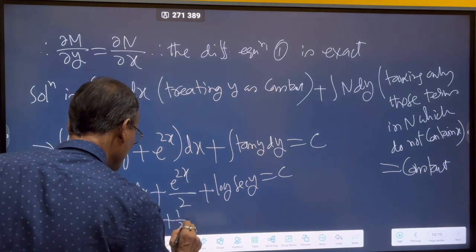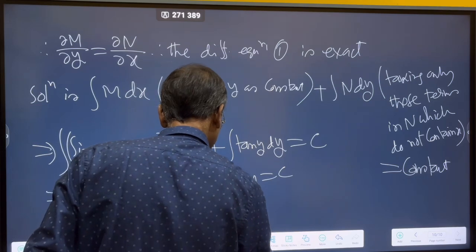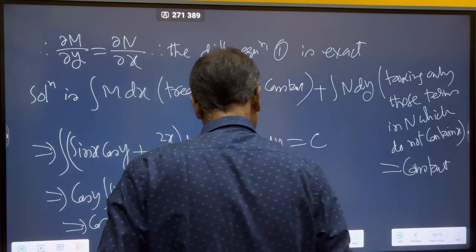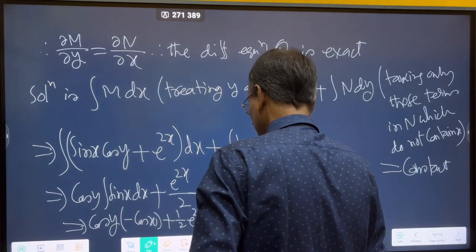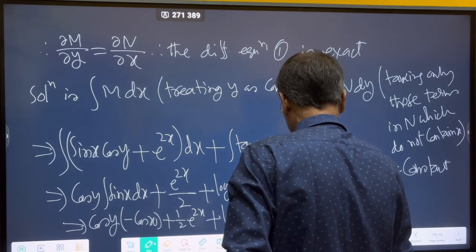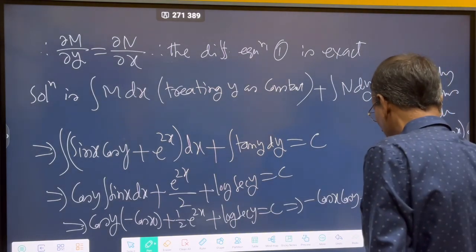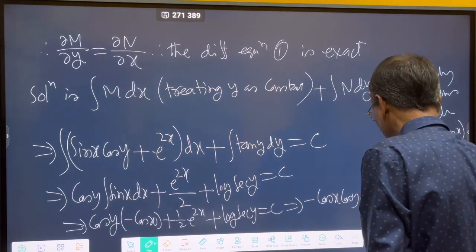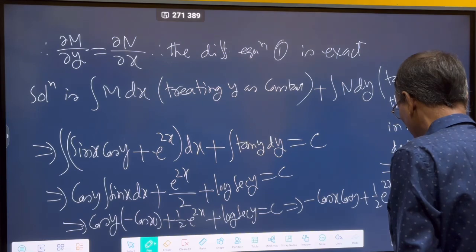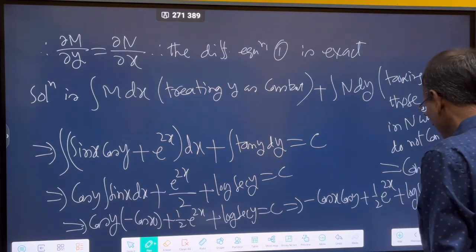Therefore, minus cos x cos y plus 1 by 2 e to the power 2x plus log of sec y equal to c.